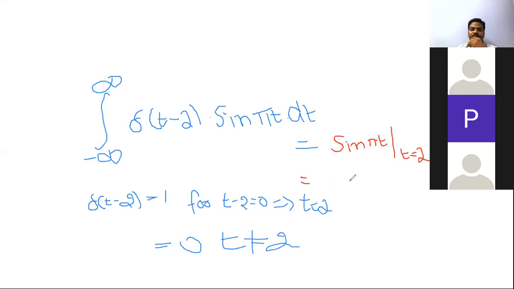What is sine 2 pi? Okay, I was mistaken. Somebody has already given me the answer, 0. So finally you will get the value equal to 0 here.